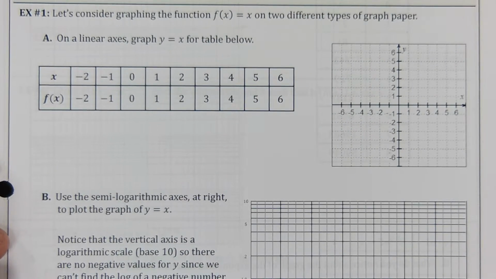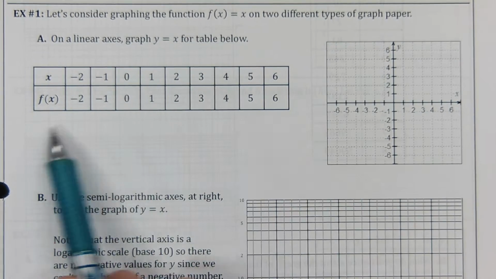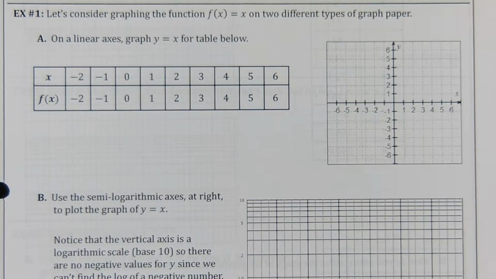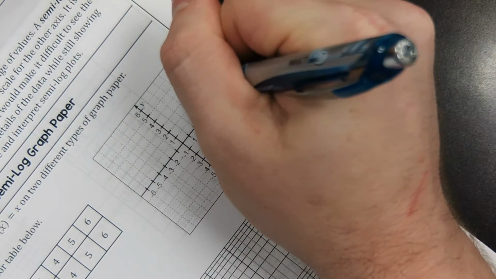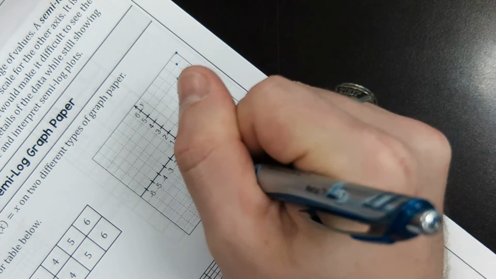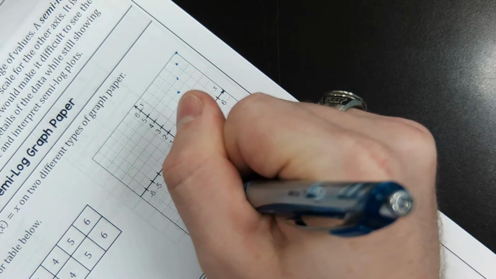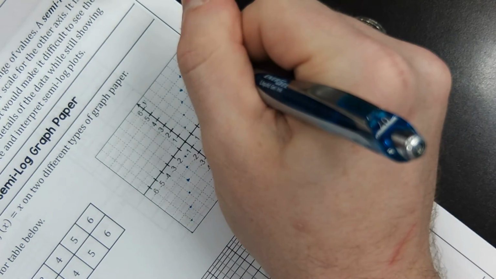Example 1 is very simple. This is the line y equals x. Its data is linear. You see all the x's are increasing by 1, all the y values are increasing by 1. So all we have to do is put a dot at every one of these coordinates, and connect the dots with a straight line, the line y equals x. And do your best to connect them.